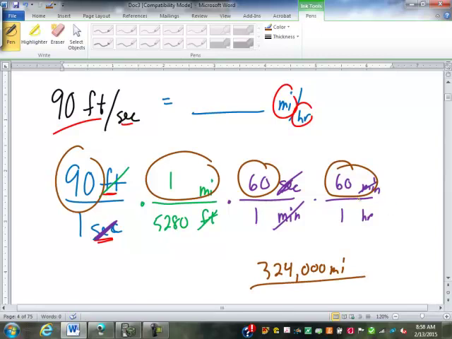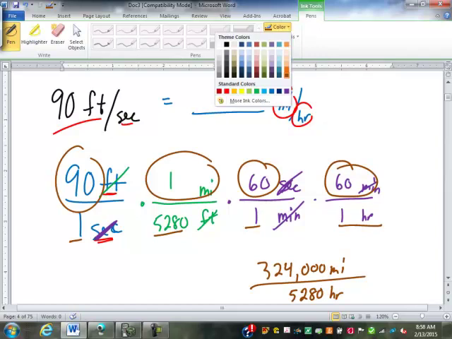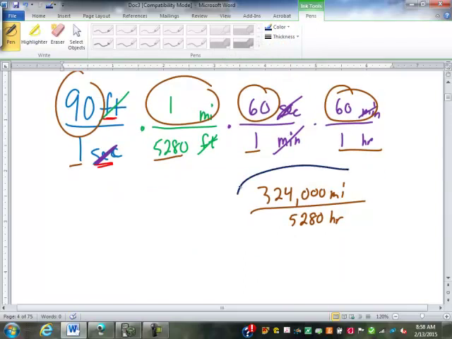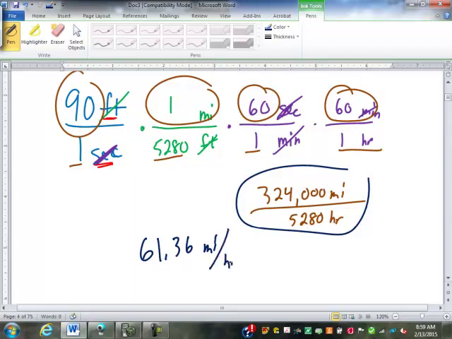On the bottom of this, we have 1 times 5,280 times 1 times 1 hour, which is 5,280 hours. So the last thing we have to do is divide this out. 324,000 divided by 5,280 is what? 61.36. And that is miles per hour.